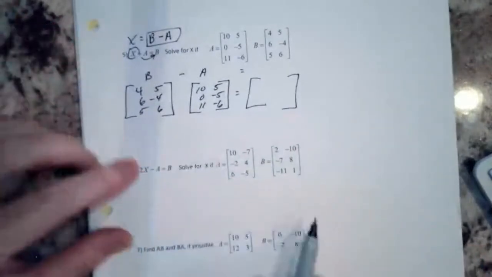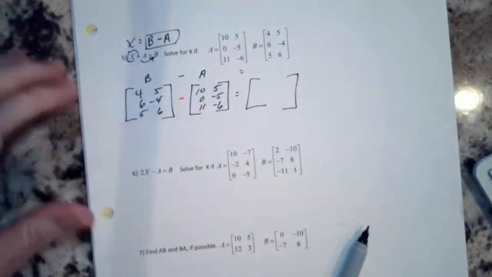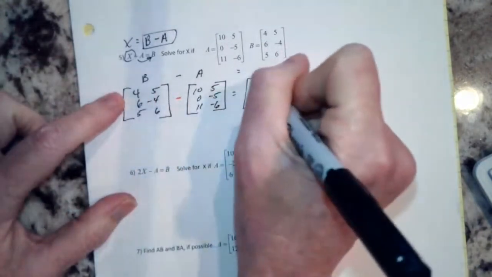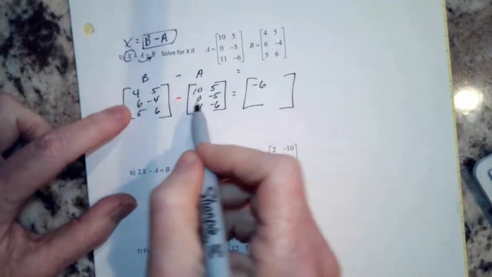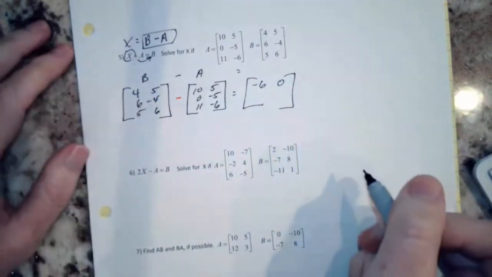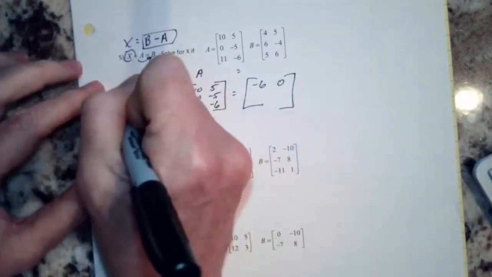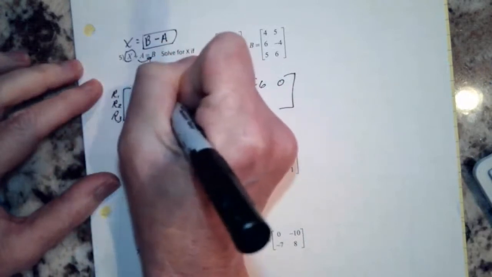Okay. And let me even stick a minus sign in here so I don't forget it. So 4 minus 10, 6 minus 0, it doesn't matter the order. If you've gone over here to do 5 minus 5, that's great, no problem. 6 minus 0, this is row 2, right here is row 2, this is row 1. Just want you thinking about it.